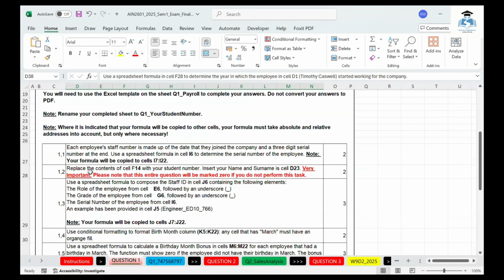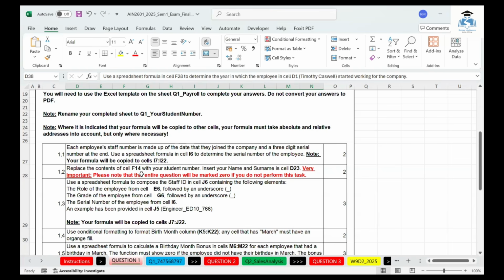Replace the contents of cell F14 with your student number. Insert your name and surname in cell D23. Very important. Please note that this entire question will be marked 0 if you do not perform this task.